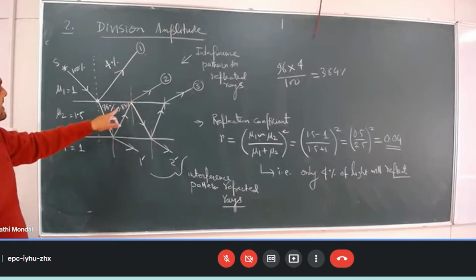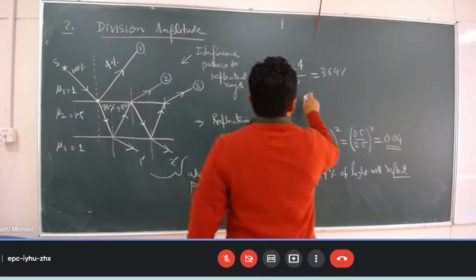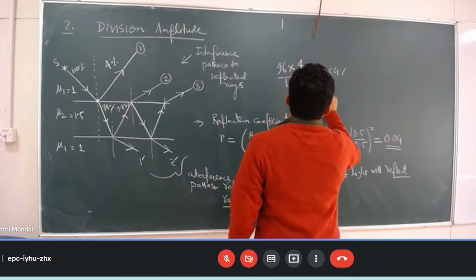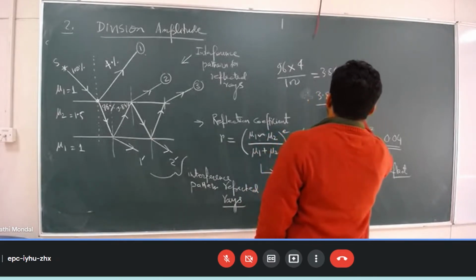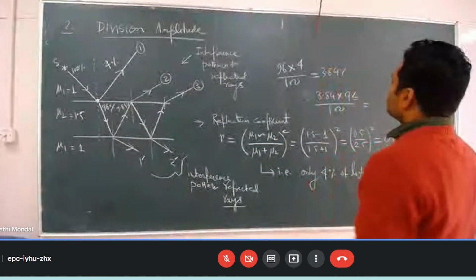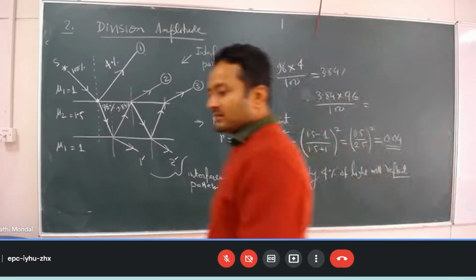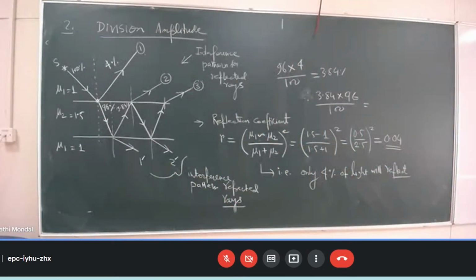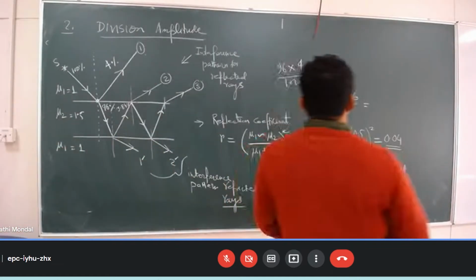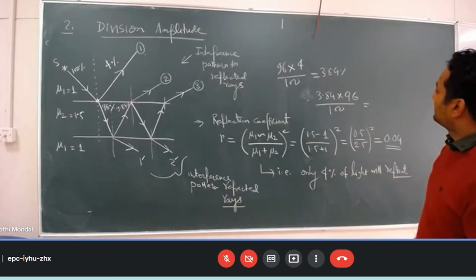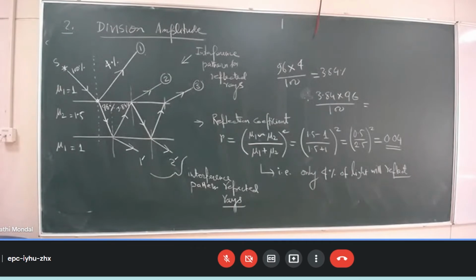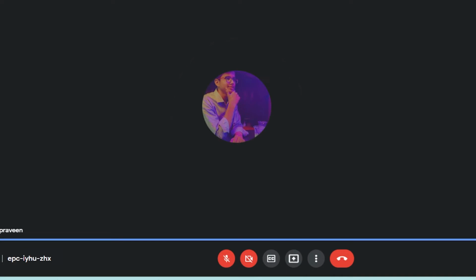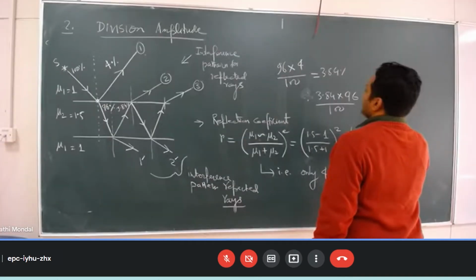So transmission will have 96%. Now how much is 96% of 3.84? Calculate it on the calculator. It comes to 3.6.